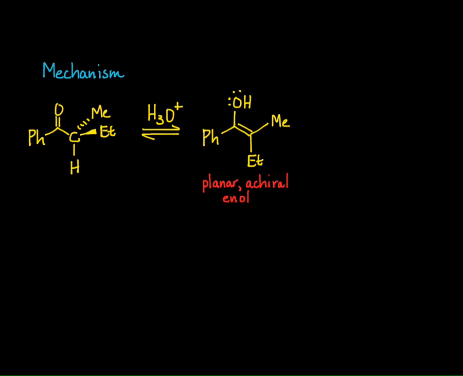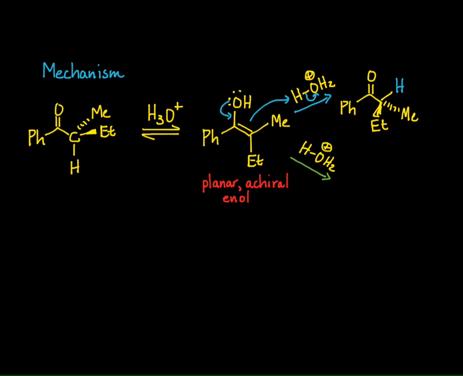Either the pi electrons can be protonated, so if I use H3O plus, I can protonate the top face, and of course I'm stabilizing it with the pair of electrons on oxygen, and then I'm going to deprotonate that. I'm not showing you the complete mechanism, but we see that the hydrogen can add to the top face of the carbon, and I generate the R enantiomer, or it can also add to the bottom face of the pi electrons.